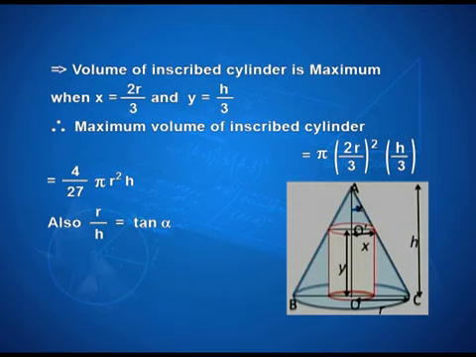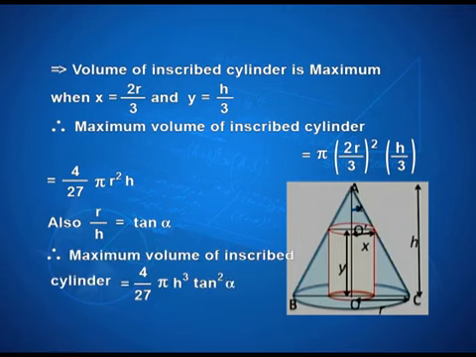So, I can always replace r by h times tan alpha, and therefore, the maximum volume of the inscribed cylinder turns out to be 4 by 27 pi h cube tan square alpha, and that is exactly what the requirement of the question was.